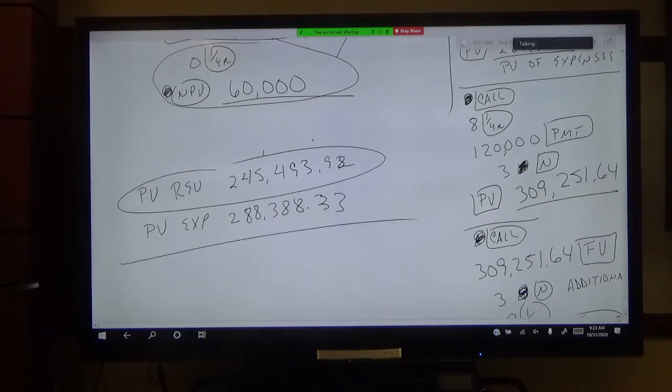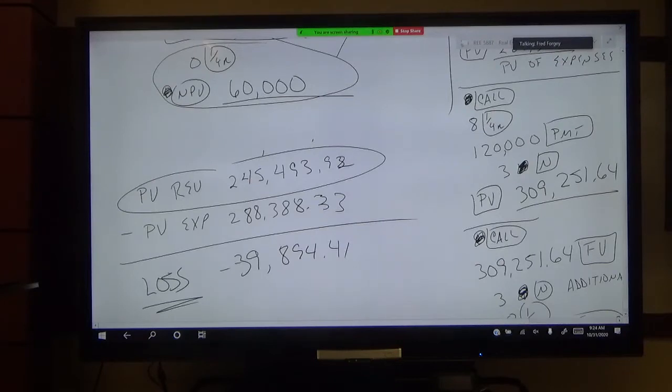If that's our revenues and that's our expenses, then we actually have a loss on this. So a loss of $39,894.41. Does that make sense?